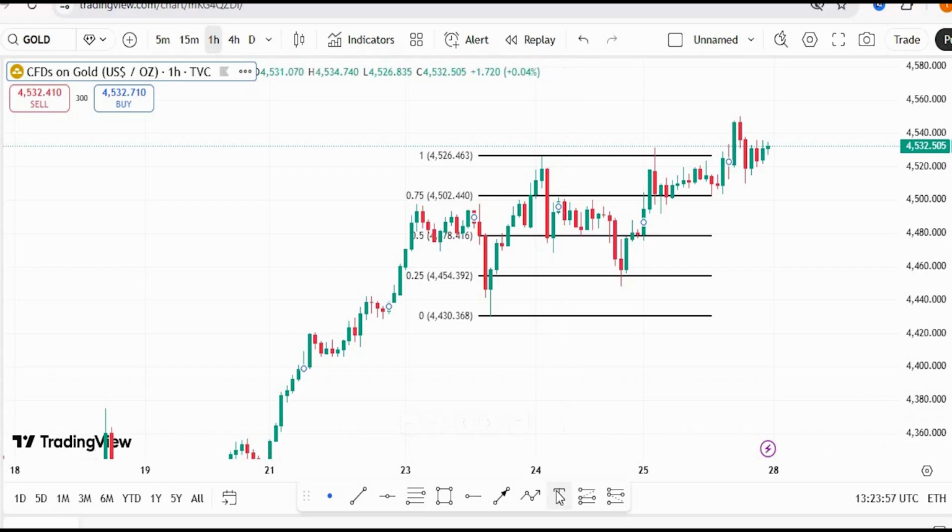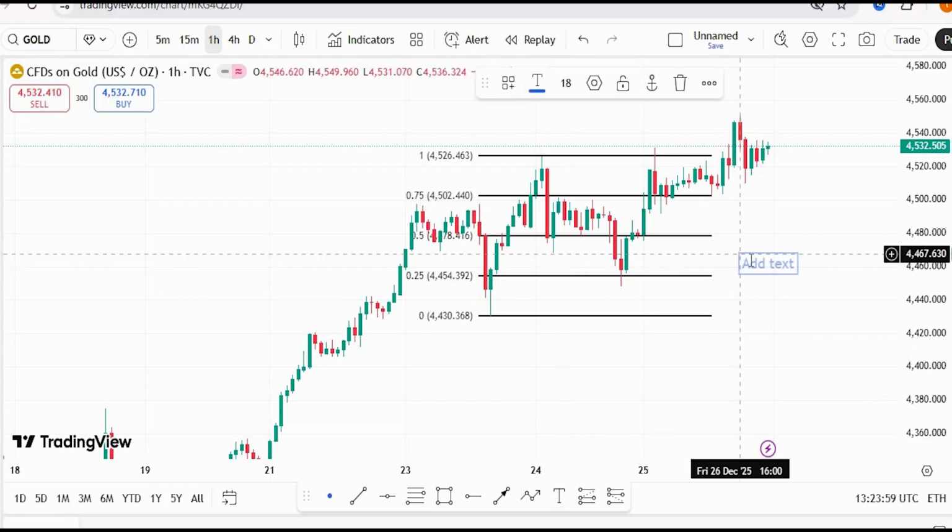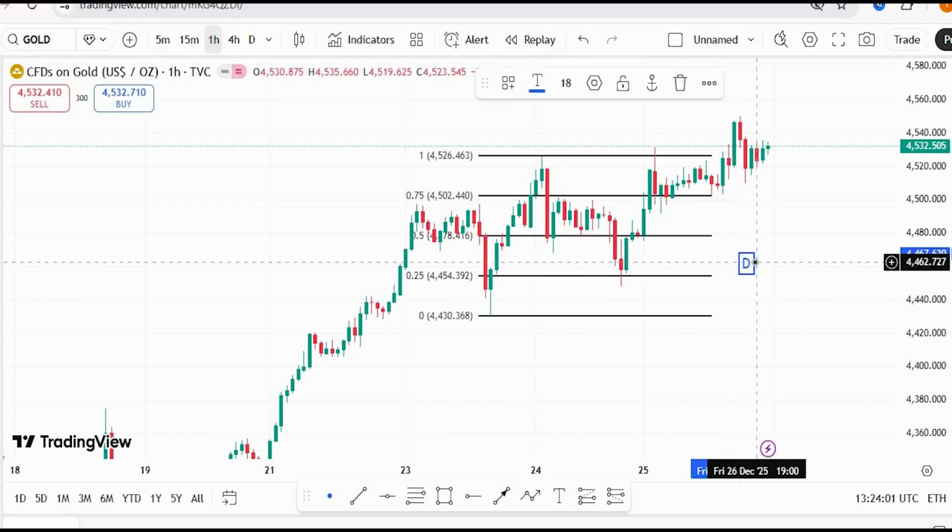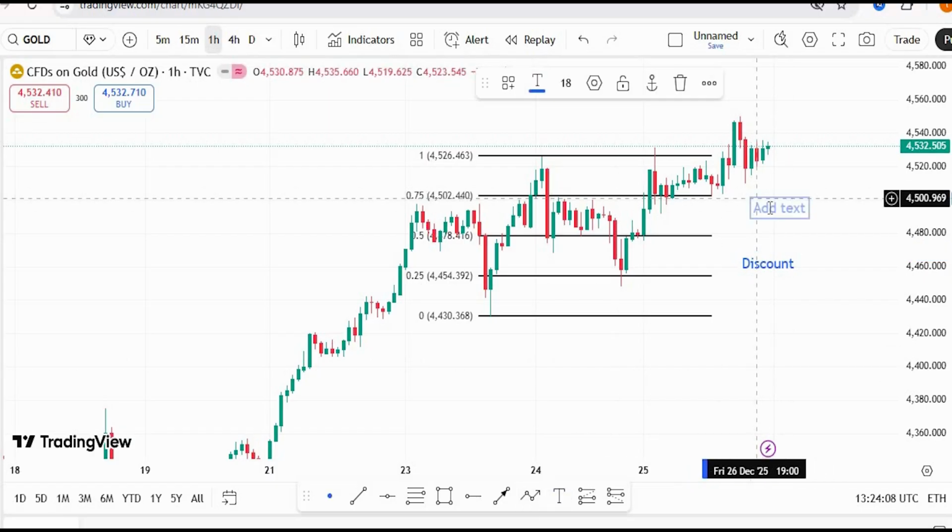Now the area below the 50% area is discount area, and the area above the 50% area is premium area.